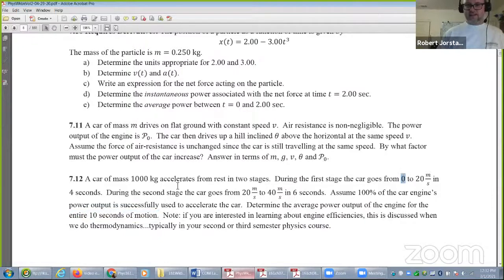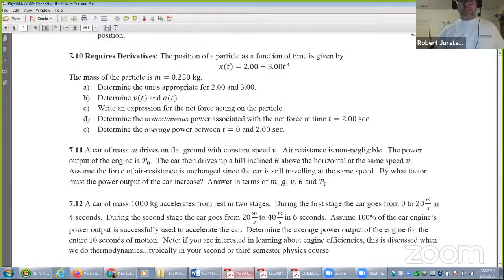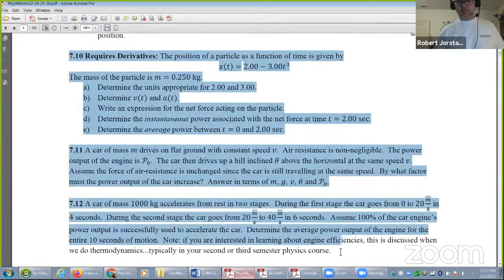The final energy is 1/2 times the mass times the final velocity squared, and then divide by 10 seconds, and you got yourself an answer. And who cares about these different stages? The whole thing that's interesting about average power is it's ignoring the stages. It's just comparing initial to final.